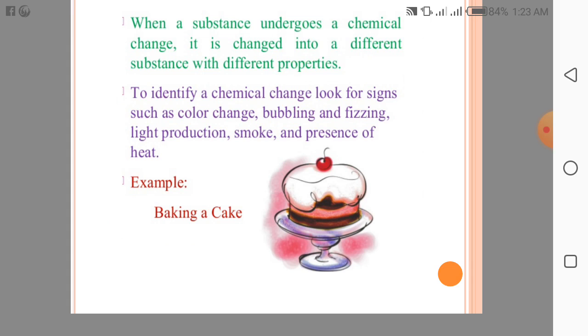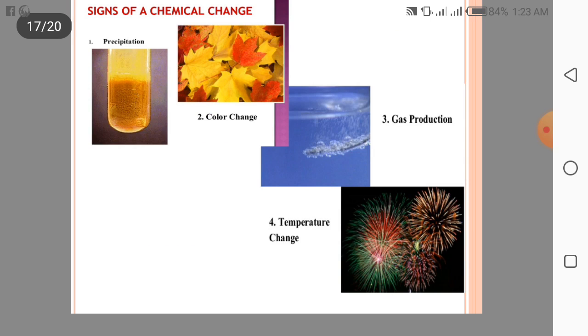To identify a chemical change, look for signs such as a color change, bubbling, fizzing, light production, smoke, and the presence of heat. For example, baking a cake. Here are some examples of a chemical change in which new substances are formed and that does not change back to its original form.